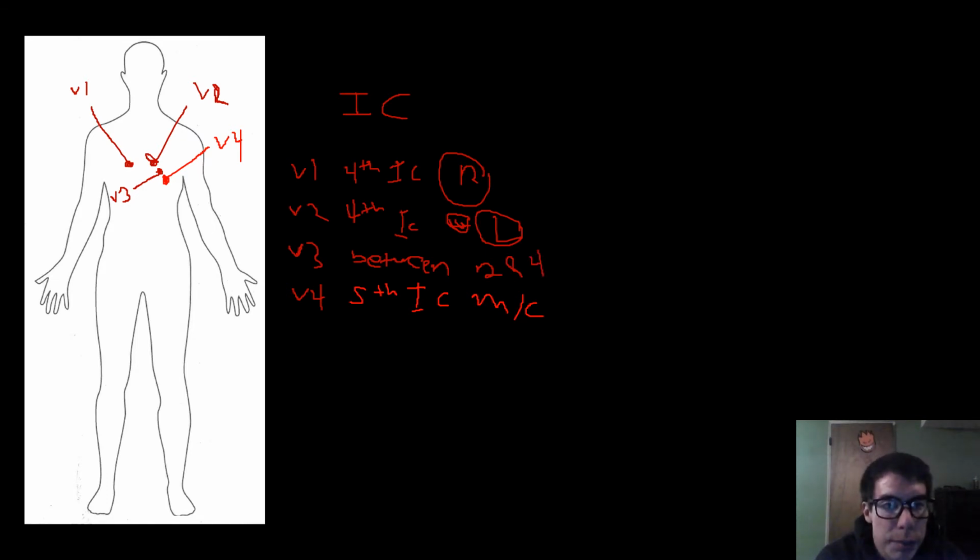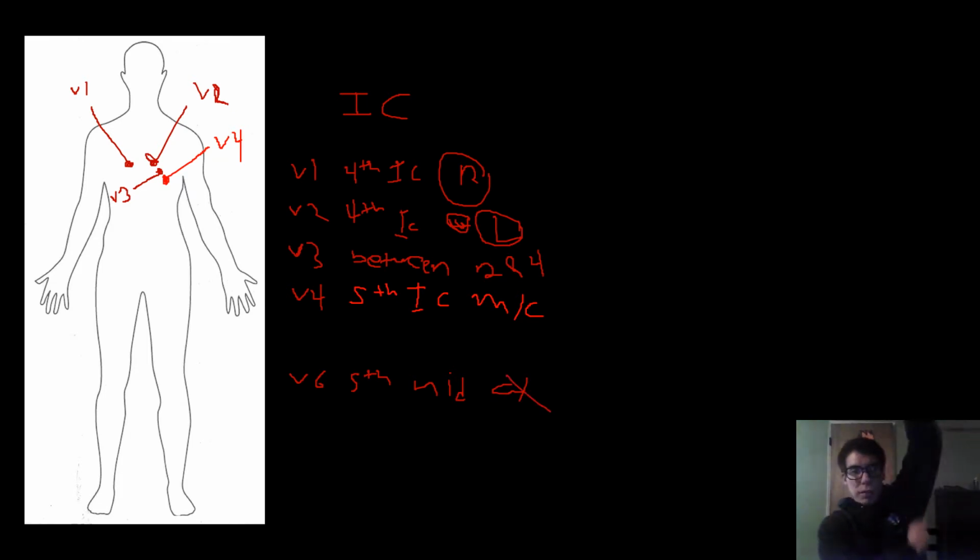Alright, so we'd skip now to V6, which is going to be 5th intercostal space, mid-axillary line. I'm just going to write ax, which is just armpit basically, right down the center. So 5th intercostal space, mid-axillary.